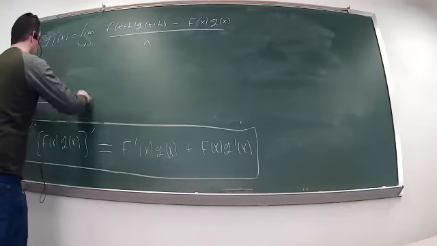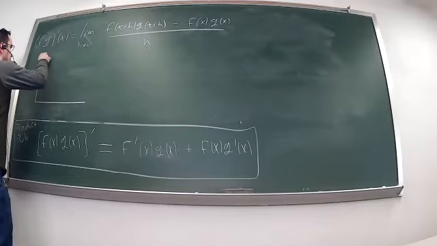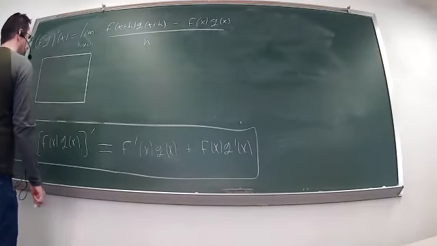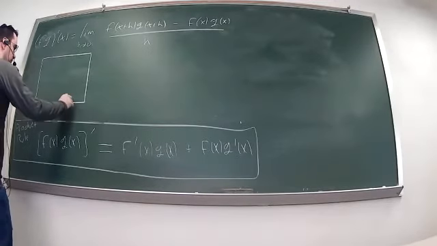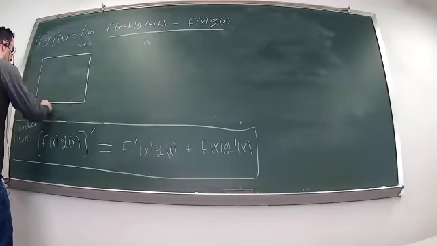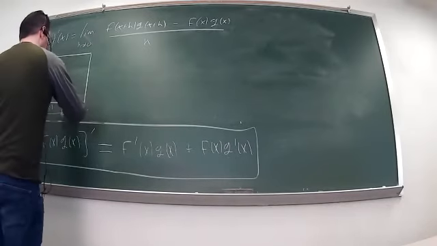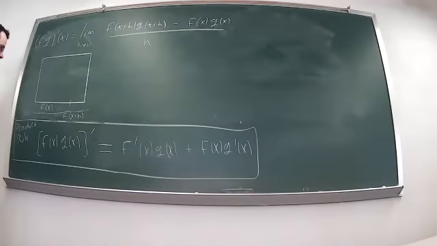So if you think about a rectangle, let's say, think about this as representing f of x, and you think about the full length as representing f of x plus h.